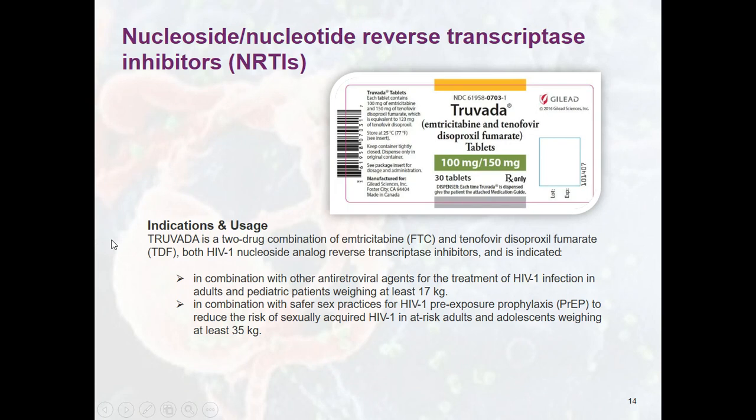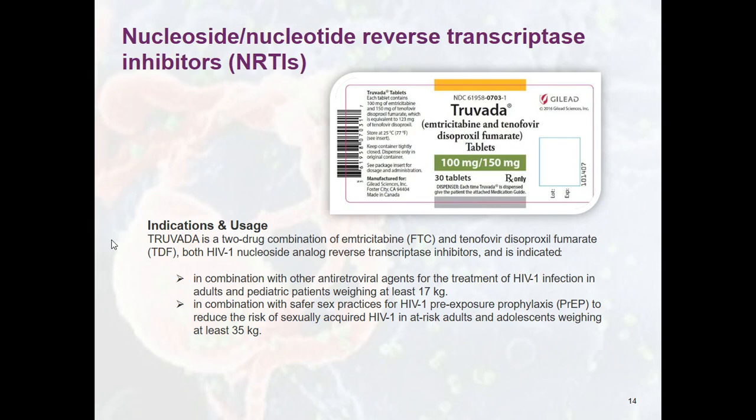As you've seen in the television commercials, they're really giving a push for Truvada for people in high-risk populations, or in a serodiscordant relationship where their mate is HIV positive, but they are not.